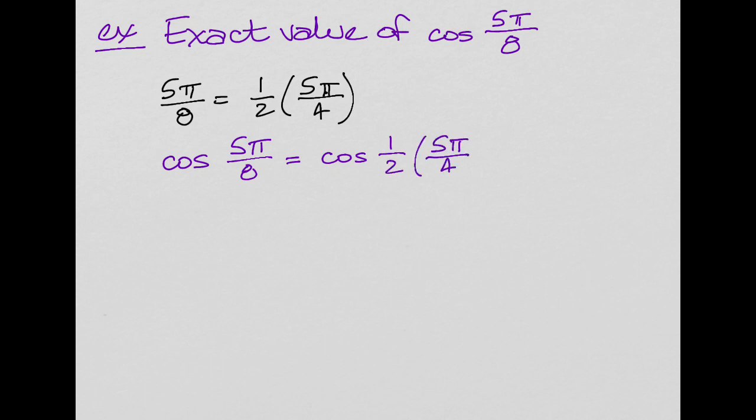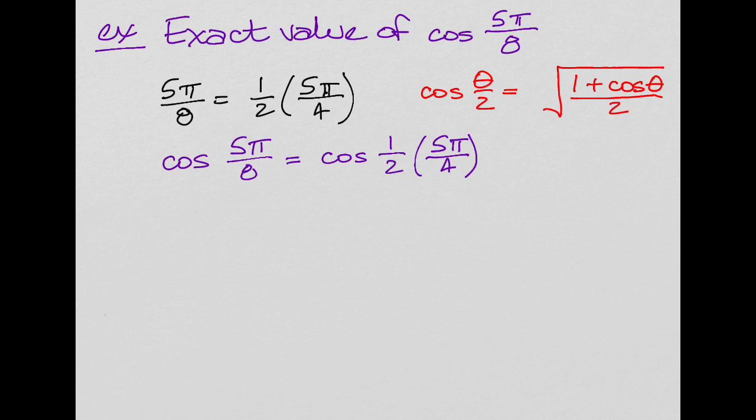And then I want to remember what's the cosine of a half angle identity. That looks like this. It's a square root, and we have 1 plus cosine theta over 2.